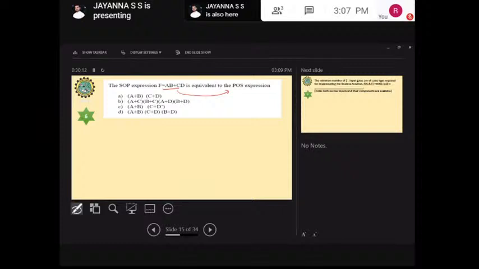For understanding purposes, we know that A plus B into A plus C can be written as A plus BC. Or if they are given A plus BC, we can write this as A plus B into A plus C. Let us prove that.